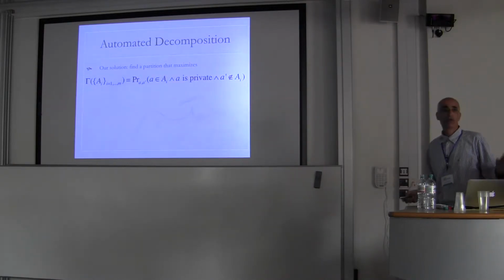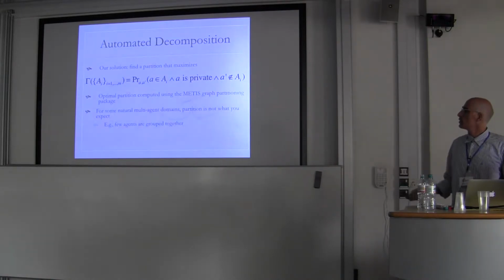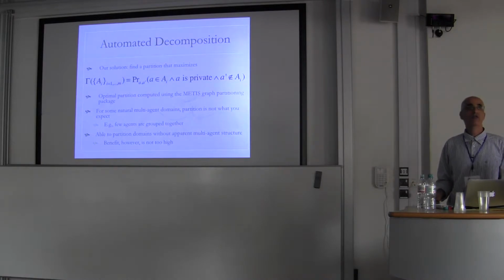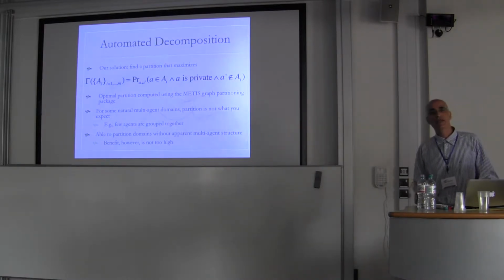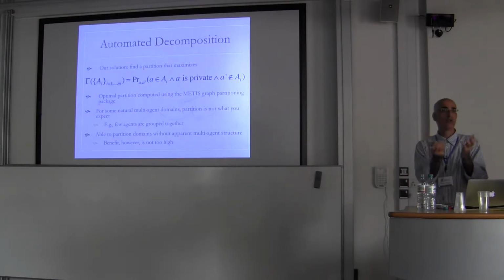So the more pairs of actions have this property, the more permutations we have, and the more pruning effect we're going to have. Okay? So you can use some algorithms to do that. Interestingly, if you look at some natural multi-agent domains, like the logistics domain, these algorithms don't give you the natural partitioning. Often what they do is group a few natural agents together into one cluster.